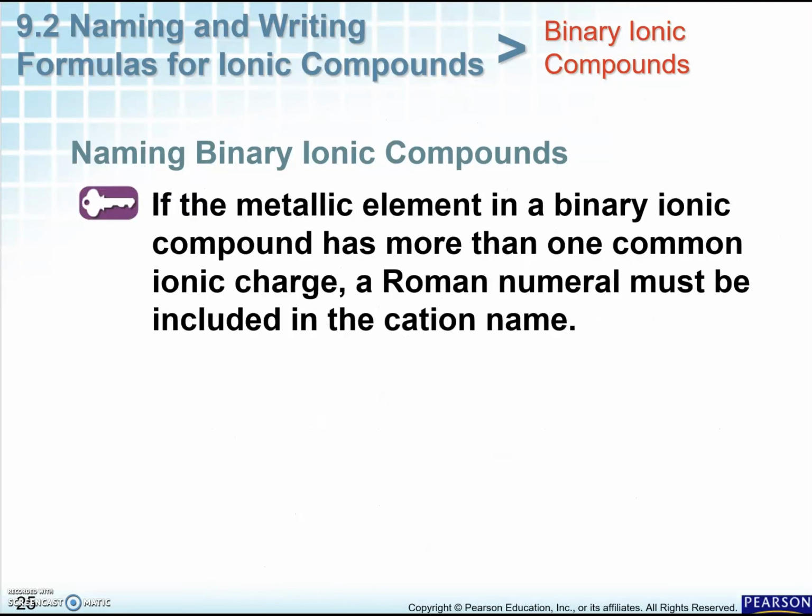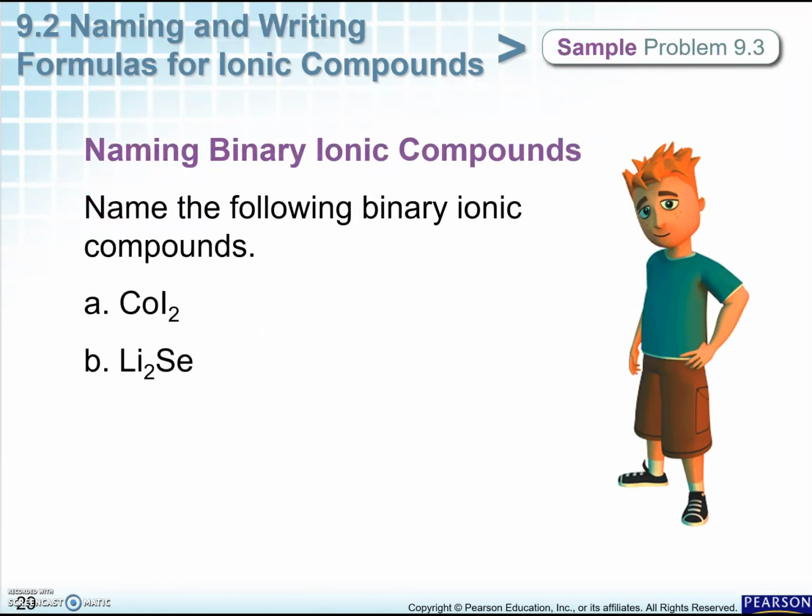So anytime you have a metallic element in that binary compound that is a transition metal, you must use those Roman numerals for your cation name. Again, your cation is always going to be the first one listed, and your anion is going to be the second one listed. Look at these binary ionic compounds to make sure we know how to name them, and then we will be all set.